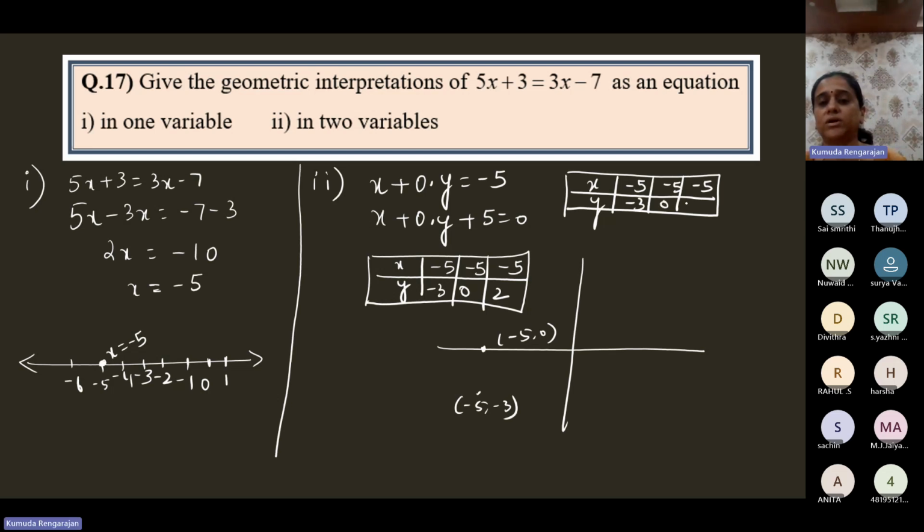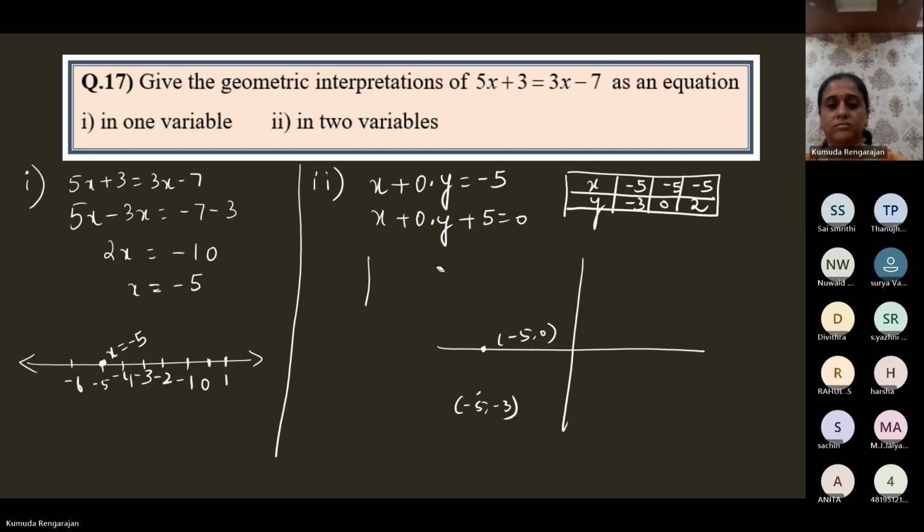Minus 3, 0 and 2. Next, we'll have to plot minus 5, comma 2. Minus 5 is here, comma 2 here. Now join.